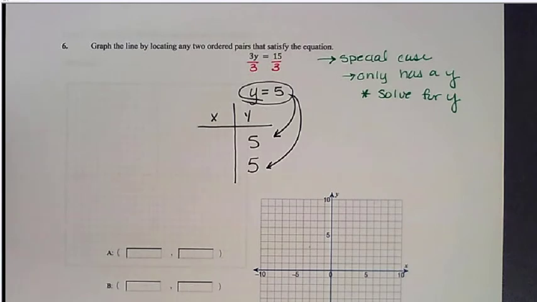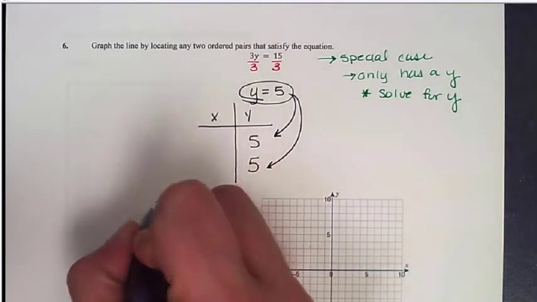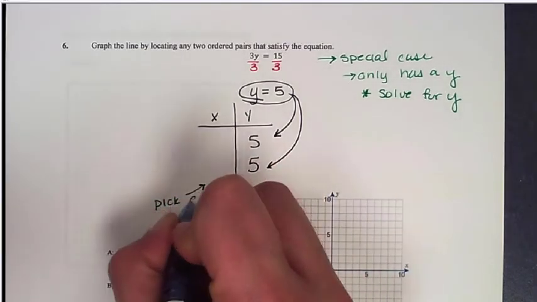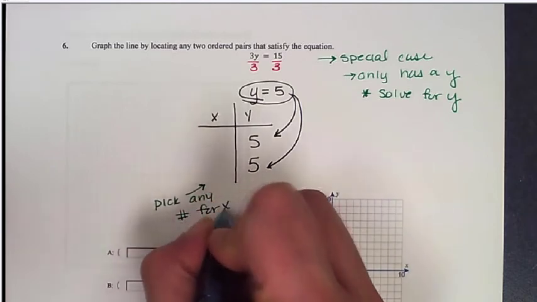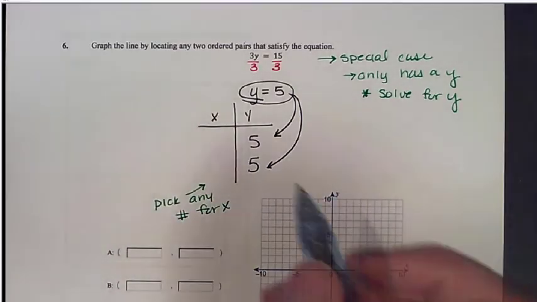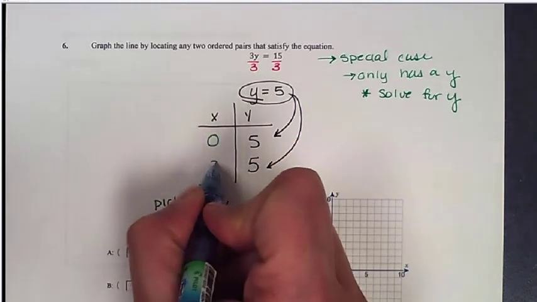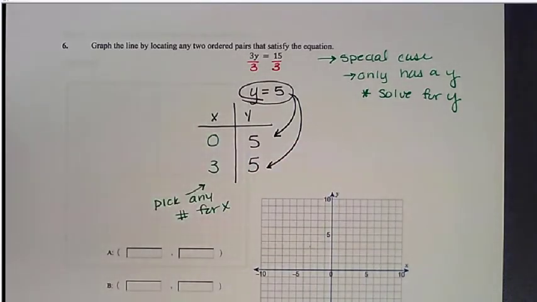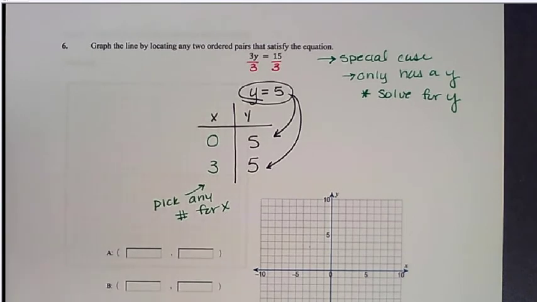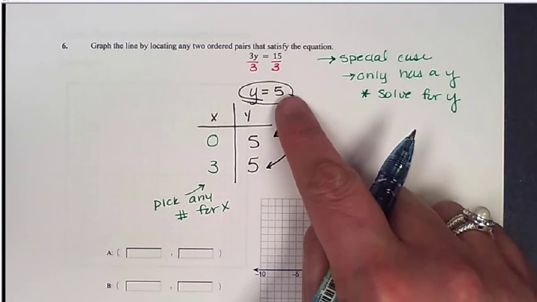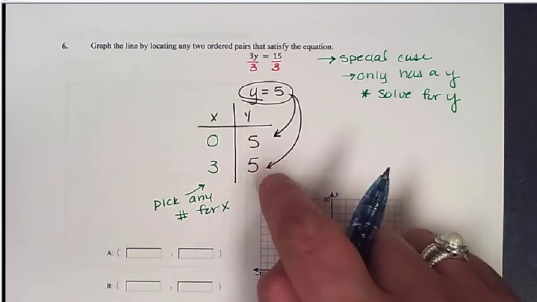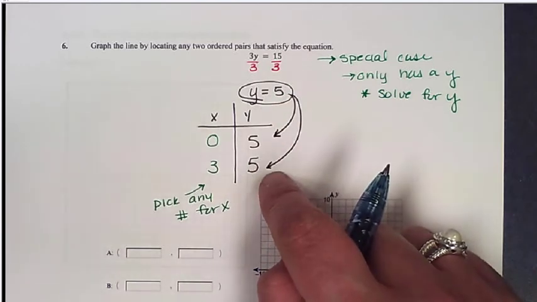And that means that over here, we can pick any number for our x value. So we could use 0 and 3. Again, any numbers we want. Can be negative, positive, as long as they're between -10 and +10, they're going to work, because we don't have an x value in our equation, and our y is always going to be that number 5.